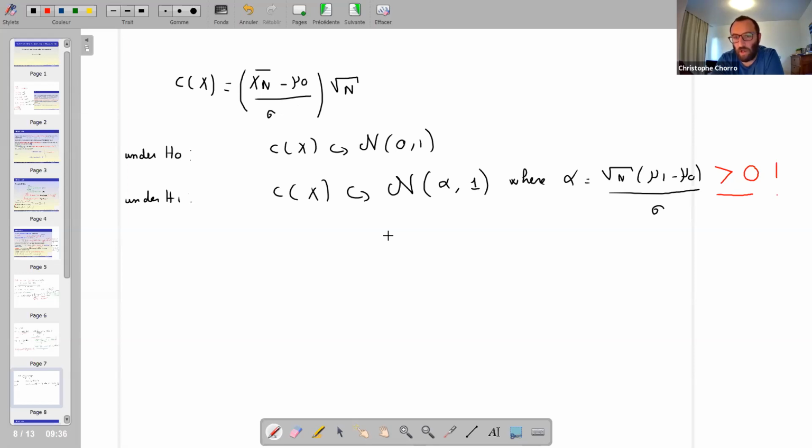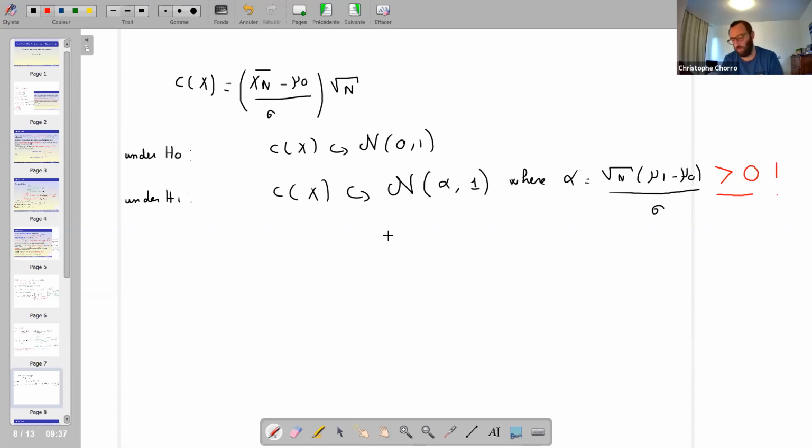So it means that under H1, C of X takes in general greater values than C of X under H0. Keep in mind that I want to find a region for which I will reject my hypothesis H0. Under H0, C of X is small. Under H1, C of X is bigger.